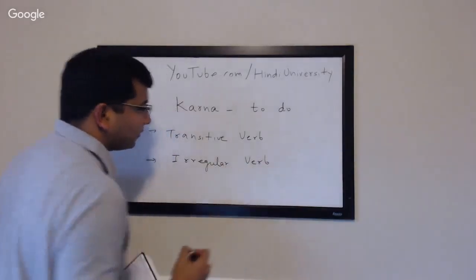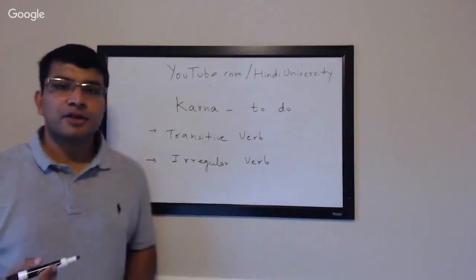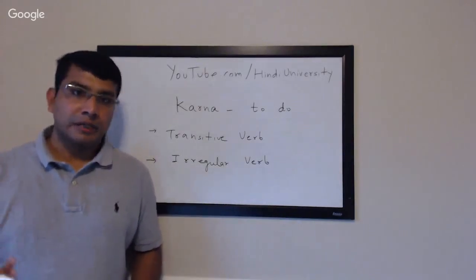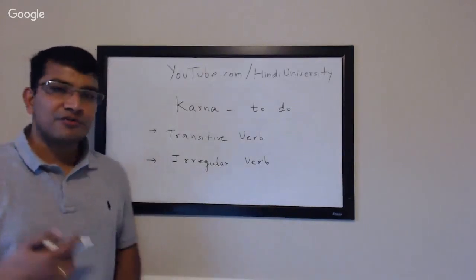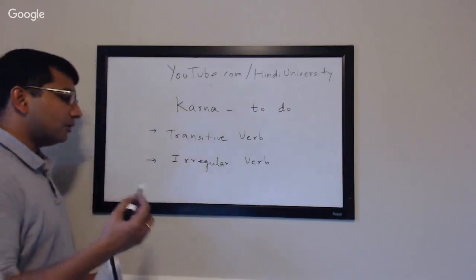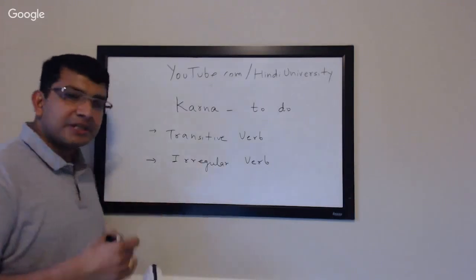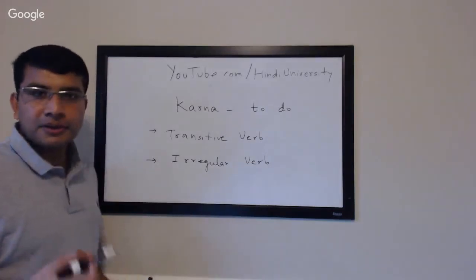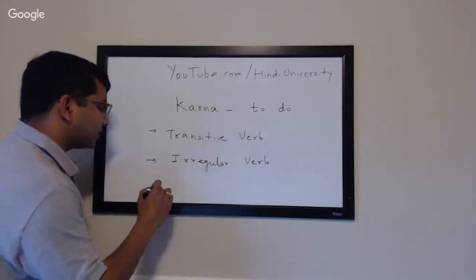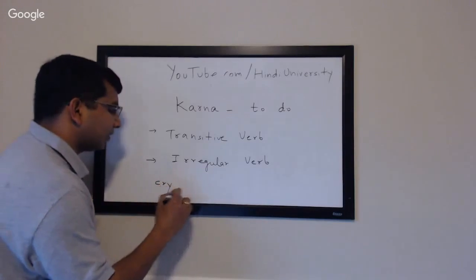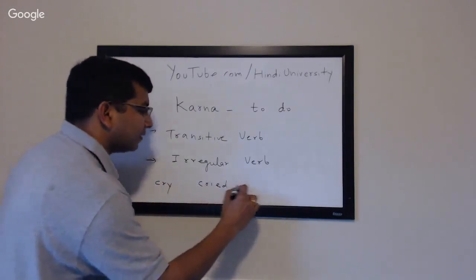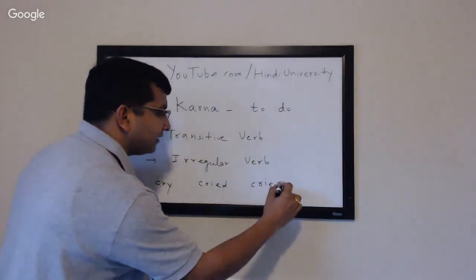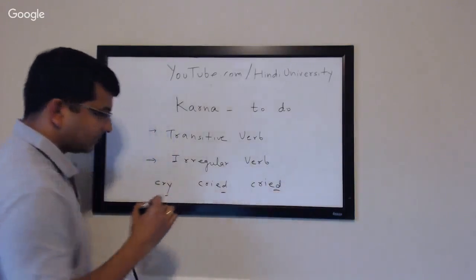What that means is, a lot of the verbs, even in English, if you've studied English as a foreign language, follow a particular pattern, especially in the past tense. Such as cry, cried. They end with ed or d in the past tense.